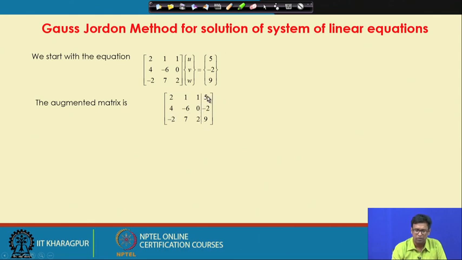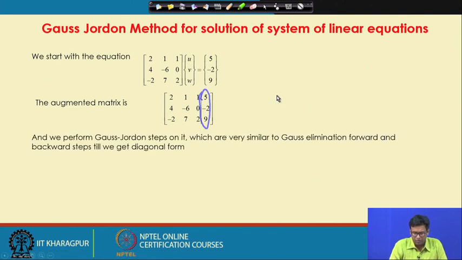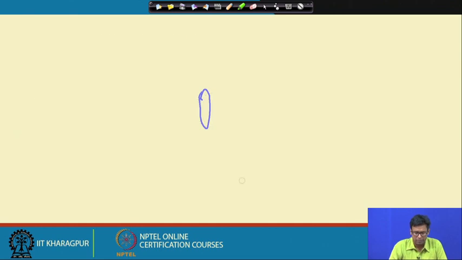In the same way, we will get the solution in the rightmost column, the augmented part of the matrix. We perform Gauss-Jordan steps on it, which are very similar to Gauss elimination, including both forward and backward substitution steps until we get the diagonal form.